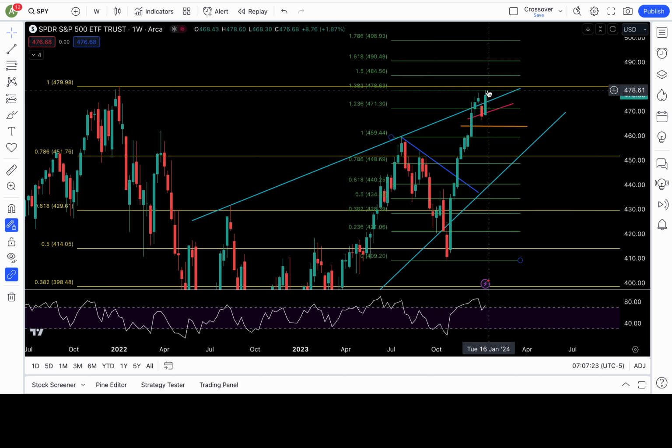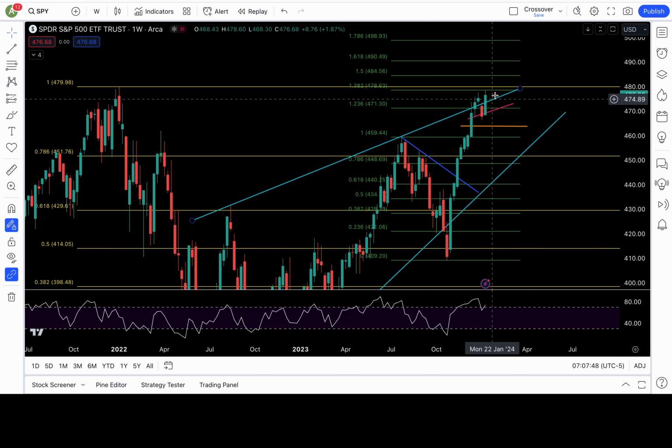And if that happens, all-time high is in play around 480. It's at 479.98, but we'll round it to 480. And above 480, I have no resistance levels until 484.5. I usually find my support and resistance levels not only with fib levels, but I try to identify them with supply and demand zones.